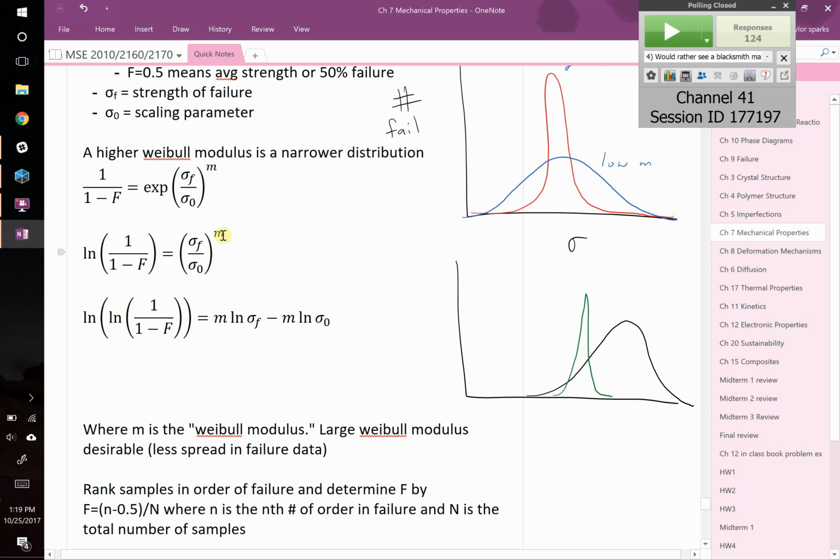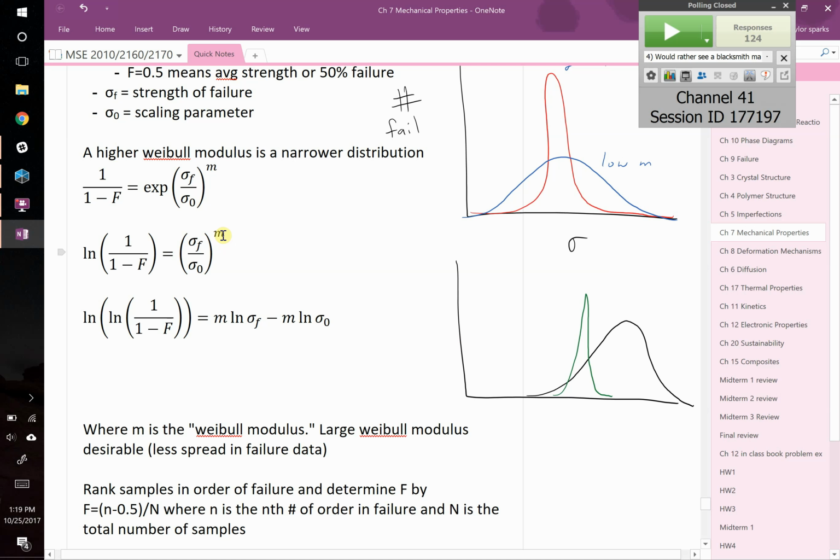Take the natural log of both sides and that gets rid of the exponential. Take the natural log again and that brings this m down, and you end up with this more useful expression: natural log of 1 over 1 minus your failure probability equals Weibull modulus times the stress at which it's going to fail, minus Weibull modulus times the natural log of your characteristic strength.